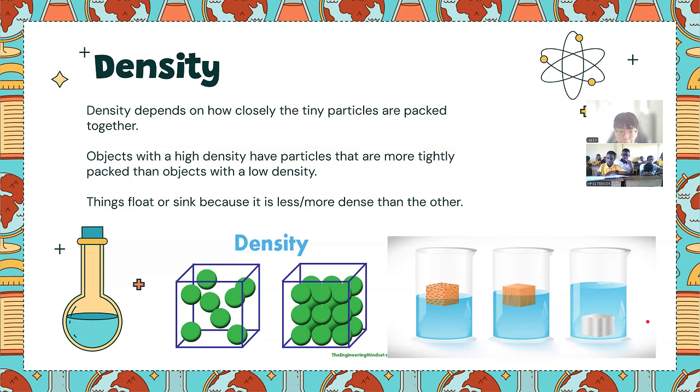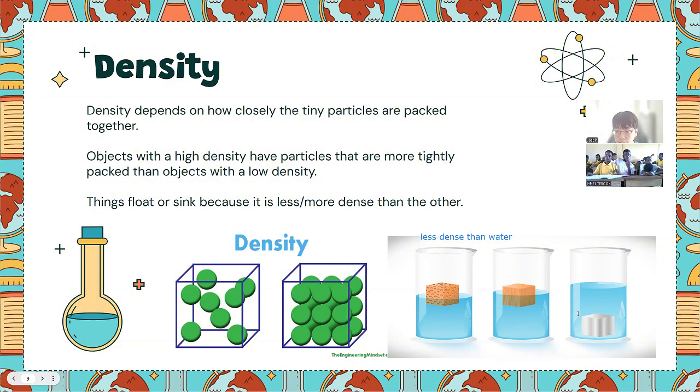If it floats on water, it's less dense than water. So you can see both the first and the second one are less dense than water, because you can see that they float on water. Only the substances that are less dense than another substance float on it.